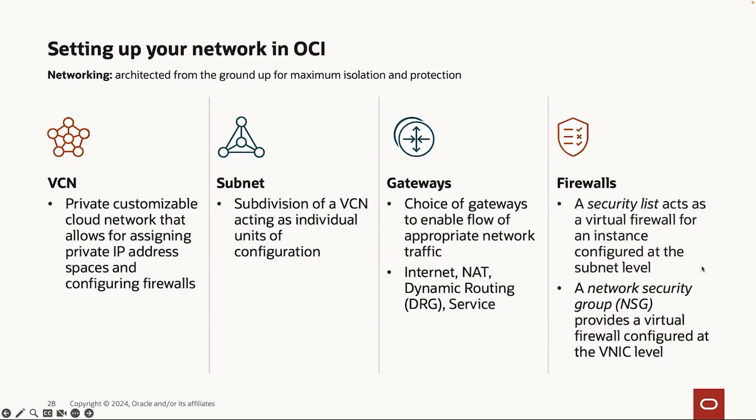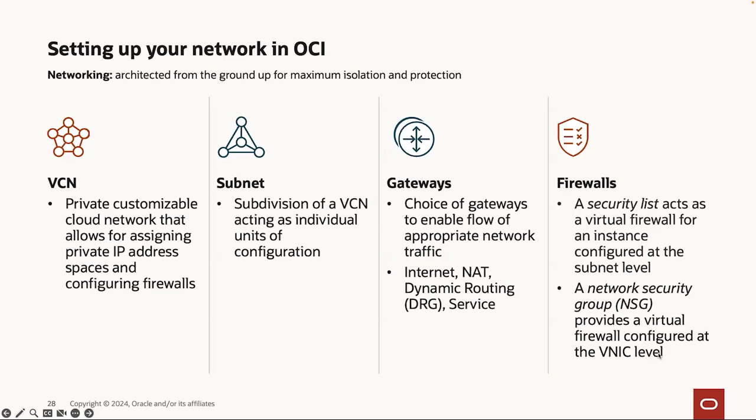And then lastly, a couple of different firewall options you'll have for your network as well. So you'll have your security lists versus your network security groups. Each of these will have ingress and egress rules that you will input. The only difference here is the security list will apply at the subnet level. So every resource in that subnet will be subject to that security list.